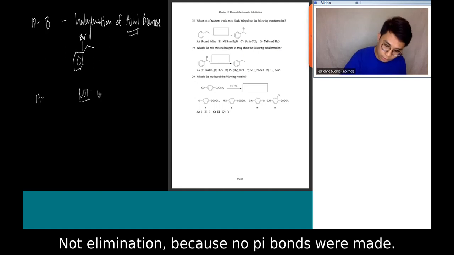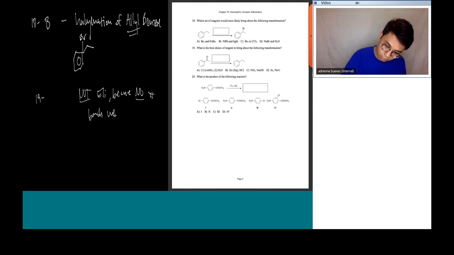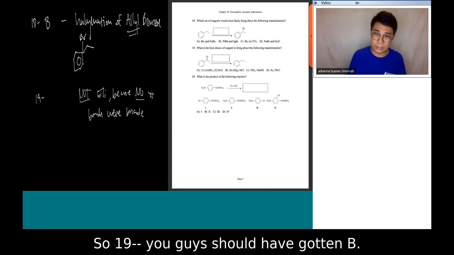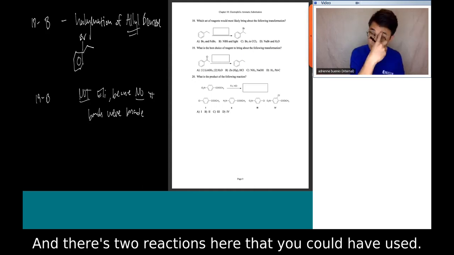Not elimination, because no pi bonds were made, right? So for 19, you should have gone with B, and there are two reactions here that you could have used.